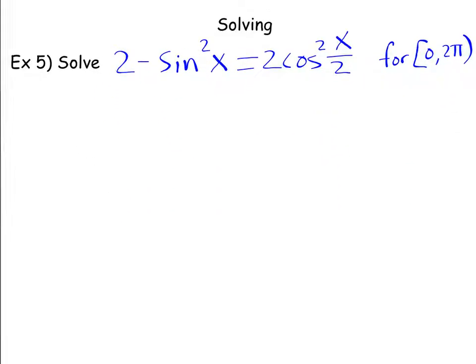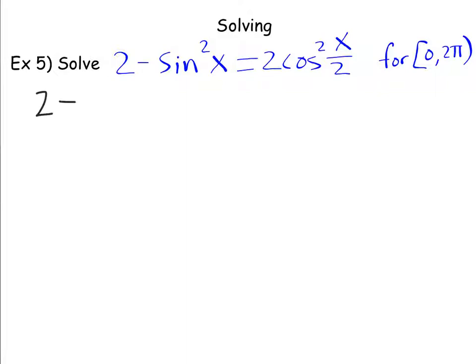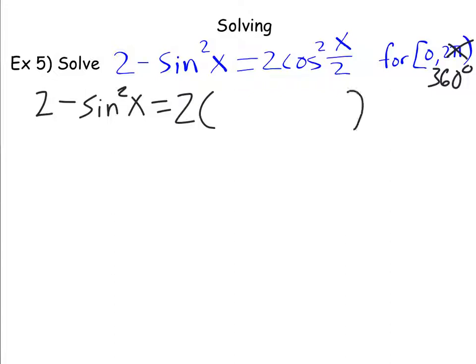Last problem of the chapter. Let's do a little bit of solving. This is right after seeing the half angle formulas, so what I'm hoping you see on the right side, and again, as always, let's stay consistent that we're going to solve in degrees, but I've got 2, and this is going to be an interesting little thing to do.